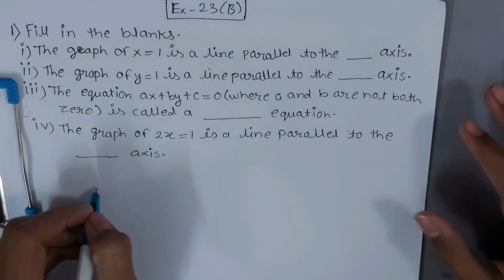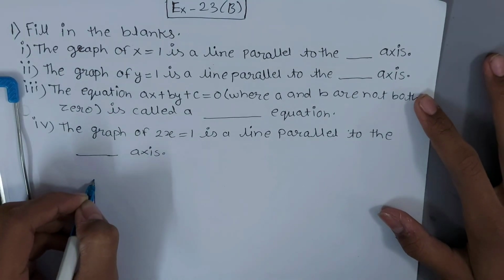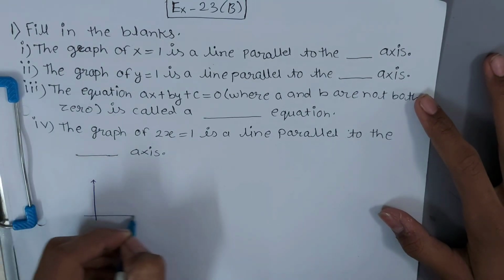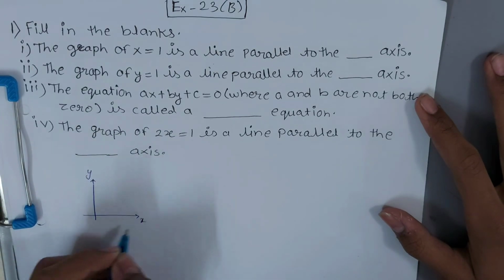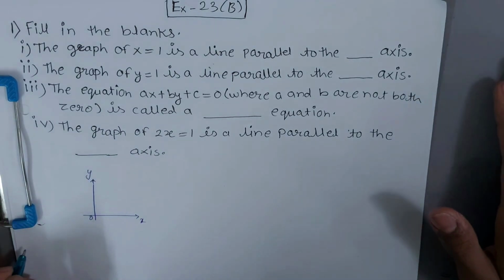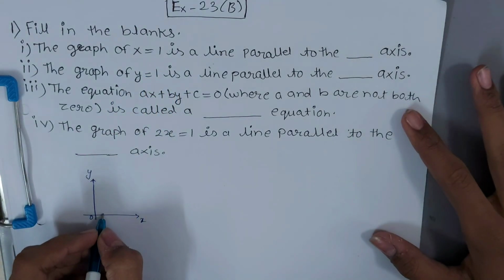We are all pretty much aware that if I have a graph like this, and then like this, this is the y-axis and this is the x-axis, this is 0. So x is equal to 1 will be somewhere here, let's say.